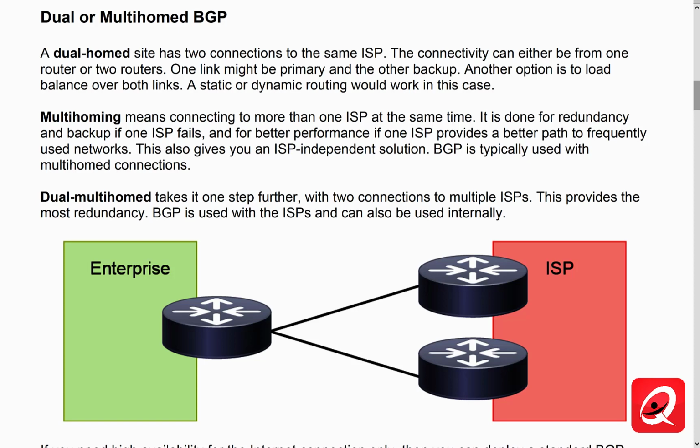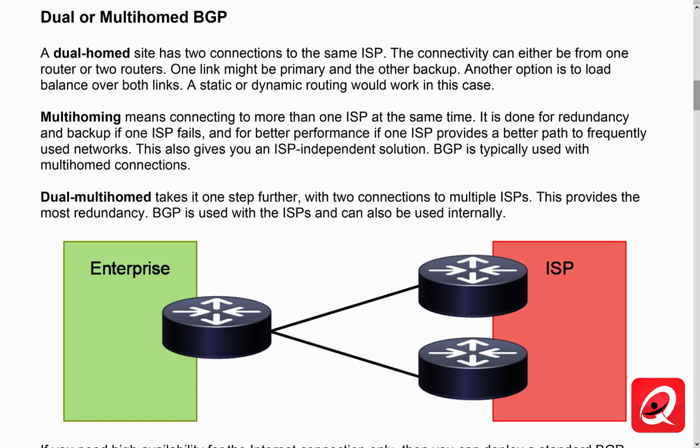For example, with a single router, we may use the weight attribute to decide how we're going to leave our autonomous system, whereas if I had a two-router dual homed scenario, going to the same ISP but through two different routers, I would use local preference instead of weight to decide how I'm going to leave the autonomous system.